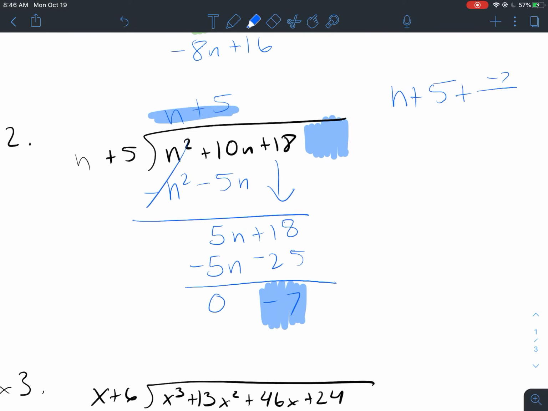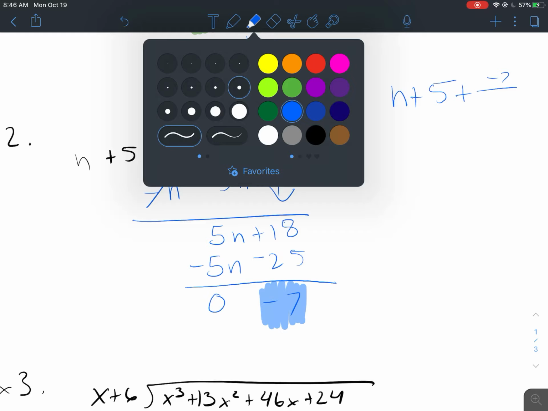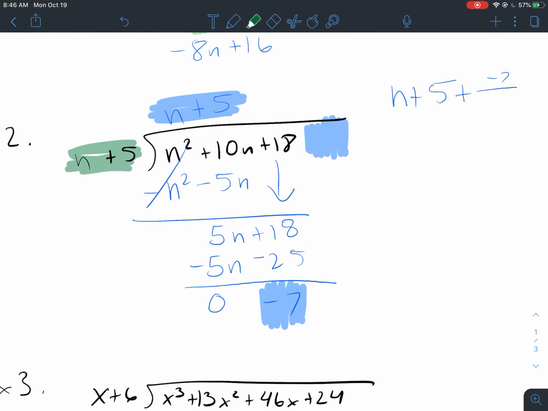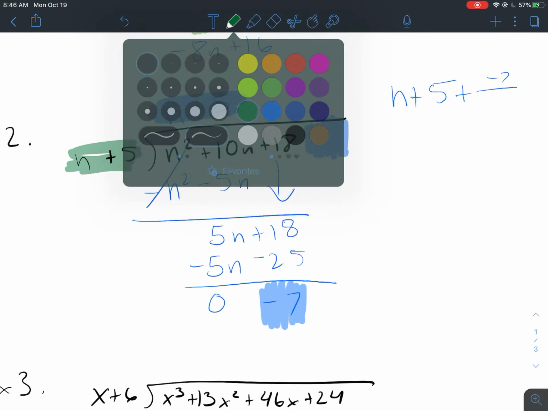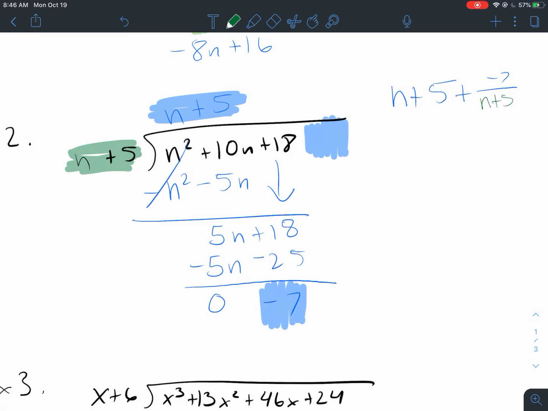So we'll make this guy blue, and we'll make this guy green. All right, so this part came from here, and then you do your remainder over the part I highlighted in green. It's tricky because they're the same binomial. But that is how that works.